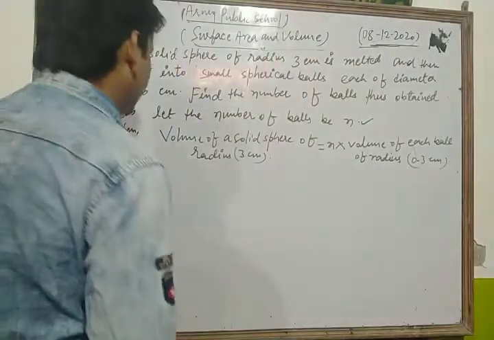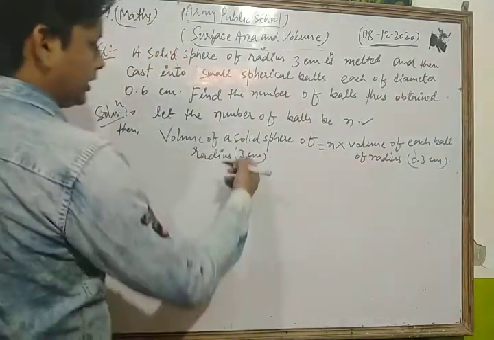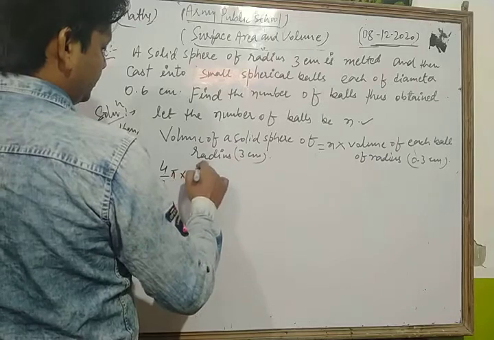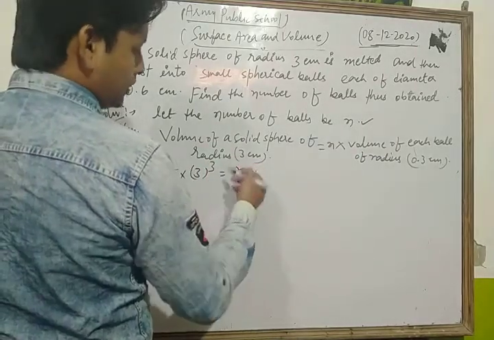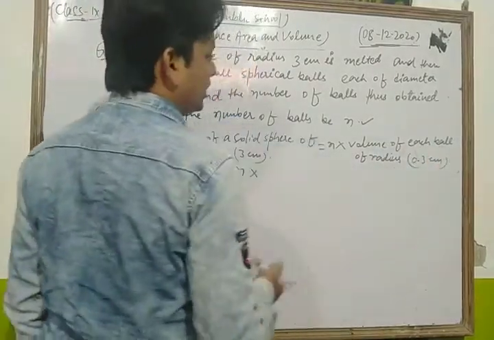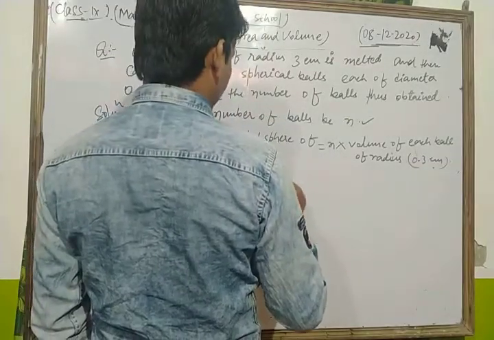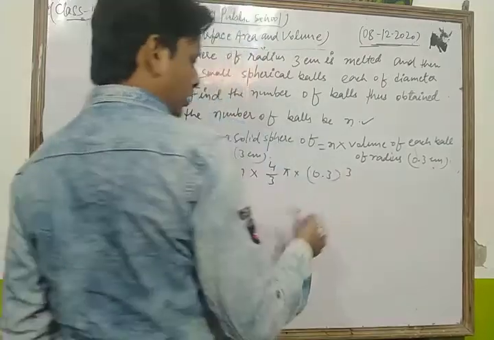So now let's see. Volume of a solid sphere of radius 3 is 4/3 pi r cube, means 3 cube, same as on the right side, volume of each ball of radius 0.3 is 4/3 pi r cube, means 0.3 cube. Now we simplify them.